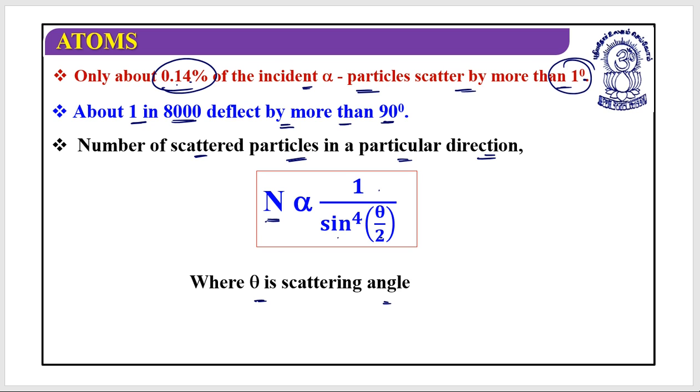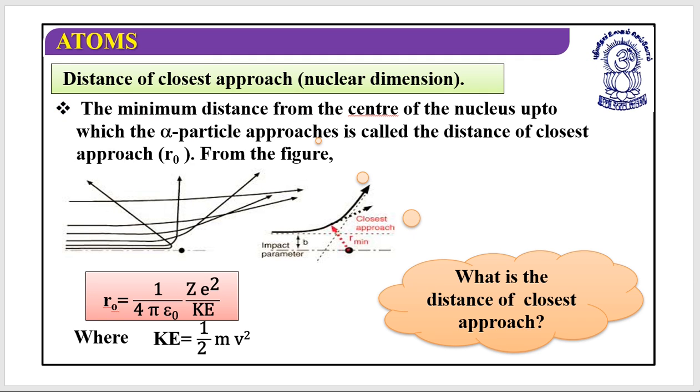Now let's discuss another important parameter, the distance of closest approach. It gives the nuclear dimensions. Suppose this is the minimum distance from the center of the nucleus up to which the alpha particle approaches; it is known as the distance of closest approach.